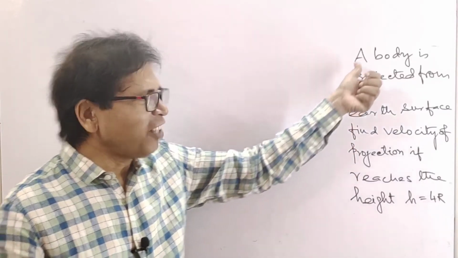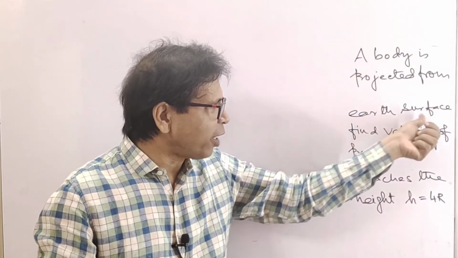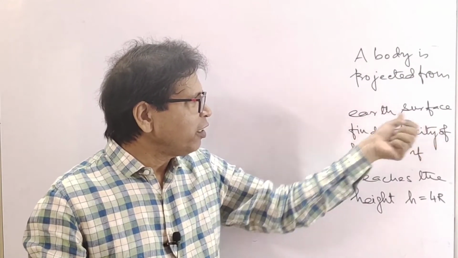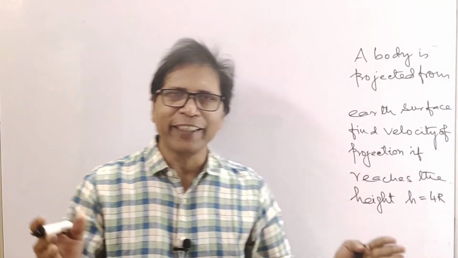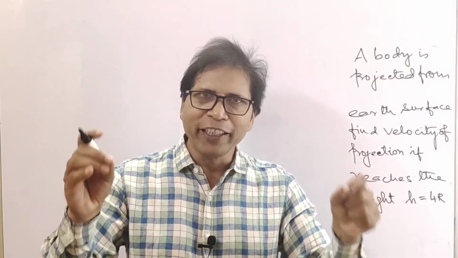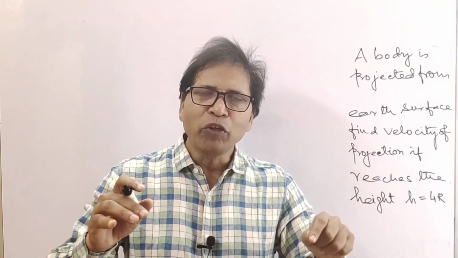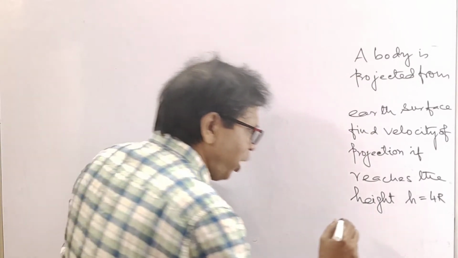Now the numerical: a body is projected from the earth's surface. Find the velocity of projection if it reaches h equal to 4R. That is, the body reaches from earth's surface to an altitude h equal to 4R. Now what is the formula?